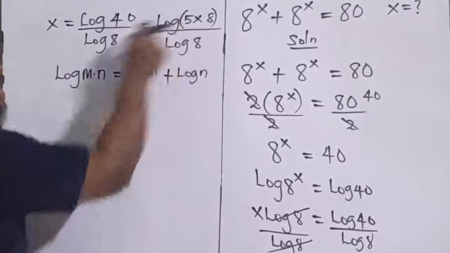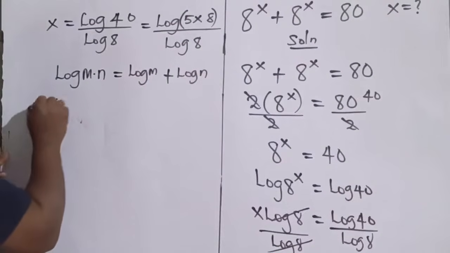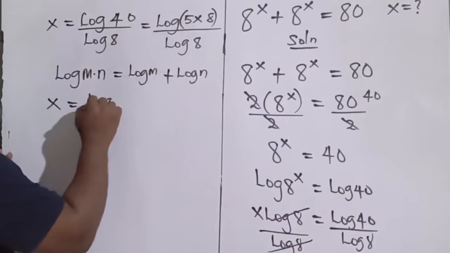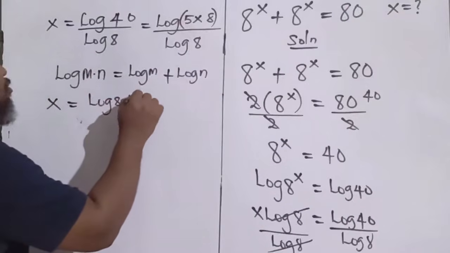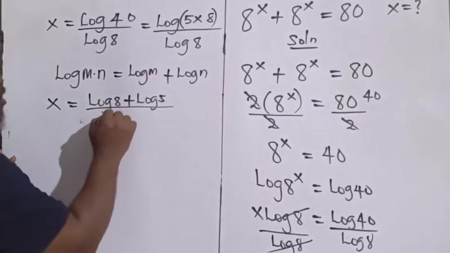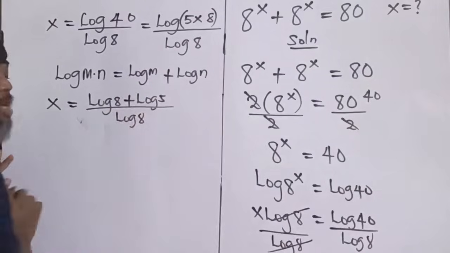So I want to apply it here now. So I'll be having that x is equal to log 8 plus log 5 all over log 8. Simple, right?